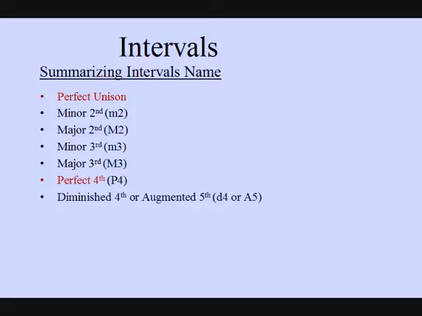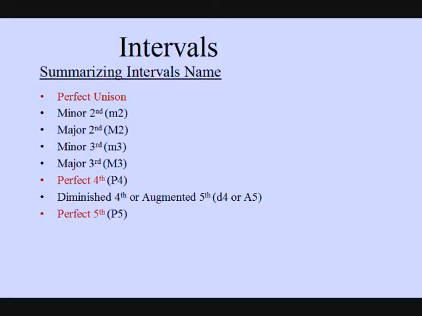And then here appears a new one, which is something in between the perfect fourth and the perfect fifth, which is a diminished fifth or augmented fourth. It's a bit bigger in distance than the perfect fourth and a bit smaller than the perfect fifth.